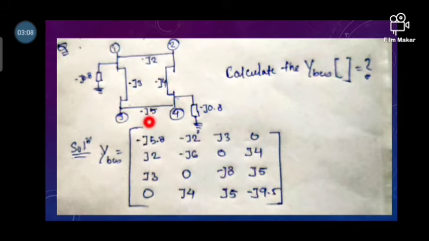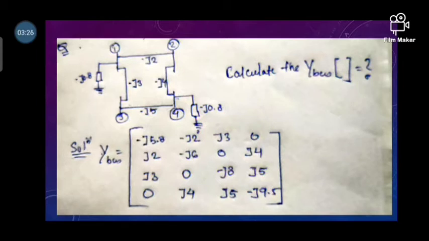Okay, so let's see. I have already told the property of the admittance matrix, and we apply all those properties here. The first calculation is the diagonal element. What is the property of the diagonal element?